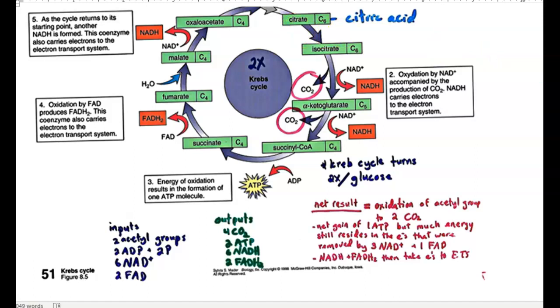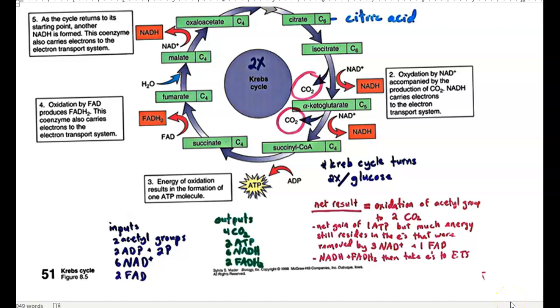It goes around twice. The result of going around twice is this: 4 carbon dioxides, 2 ATPs, 6 NADHs, and 2 FADH2s. Don't worry about knowing the inputs, don't worry about knowing the net result.